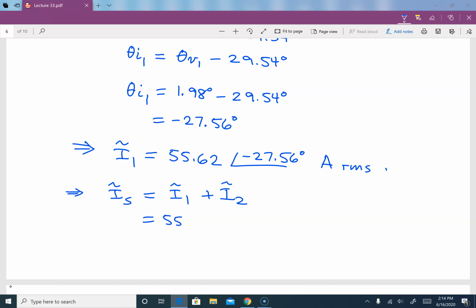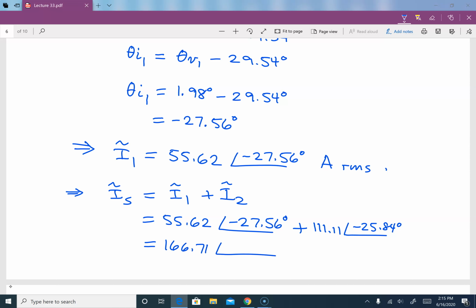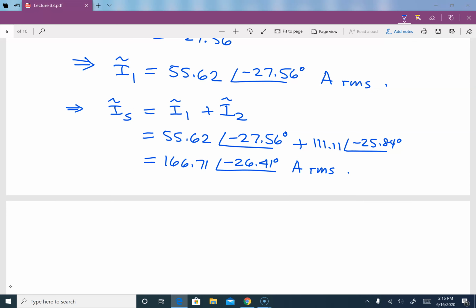So I1 is 55.62 with angle negative 27.56, and I2 came out to be 111.11 with an angle of negative 25.84 degrees. And our total here is 166.71 with an angle of negative 26.41 degrees, ampere RMS.